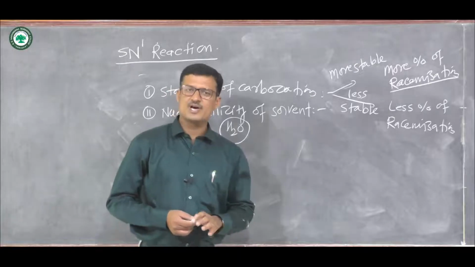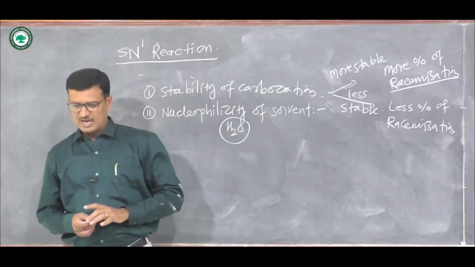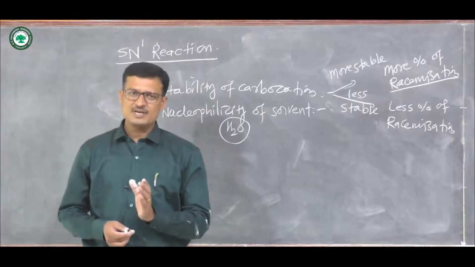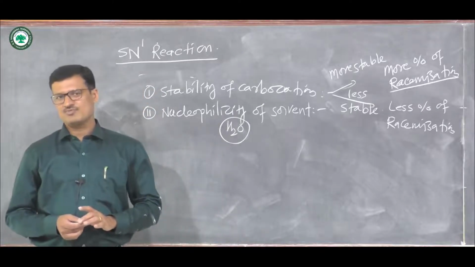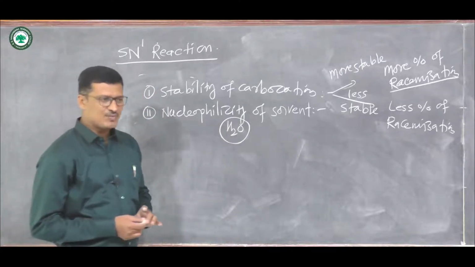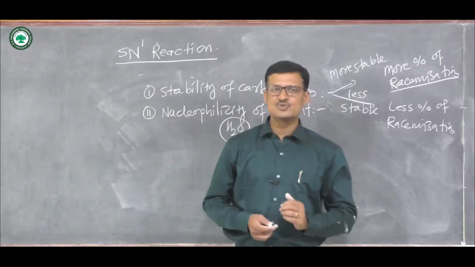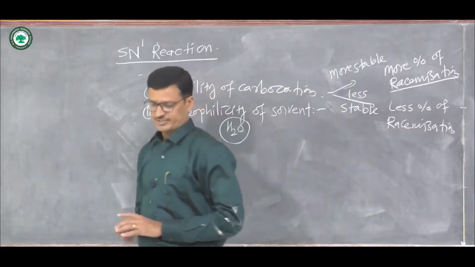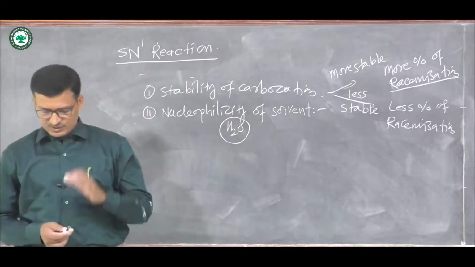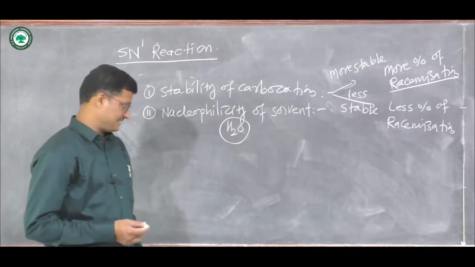The bond between carbon and bromine leaves, the bond between carbon and the leaving group breaks, and there is formation of a carbocation. The energy required to break the bond between carbon and bromine is provided by the solvent through the solvation process, and this solvation process takes place like this.